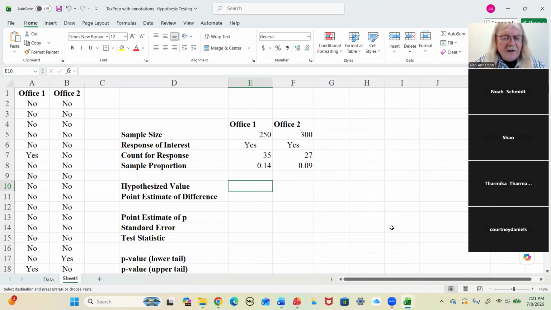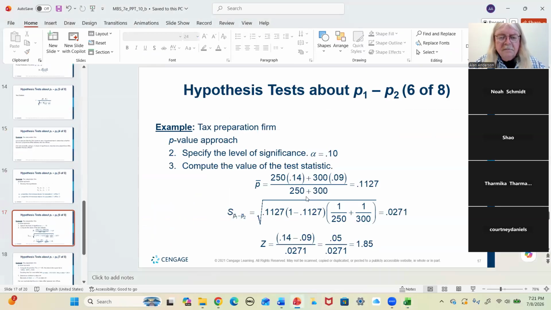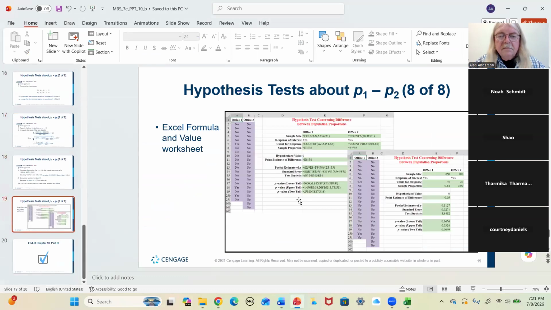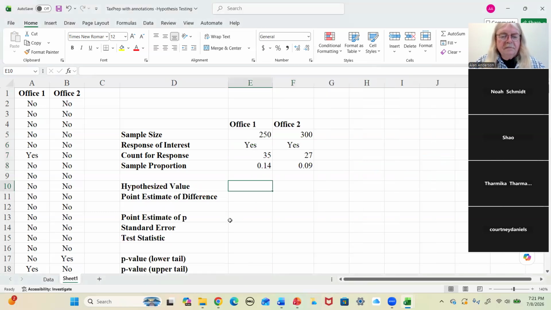Now, for this one, hypothesized value, I think they mean the zero difference. Let me confirm that. Yeah, they just mean zero. Point estimate of the difference, though, is the difference between these two. Oh, you know what I just realized?